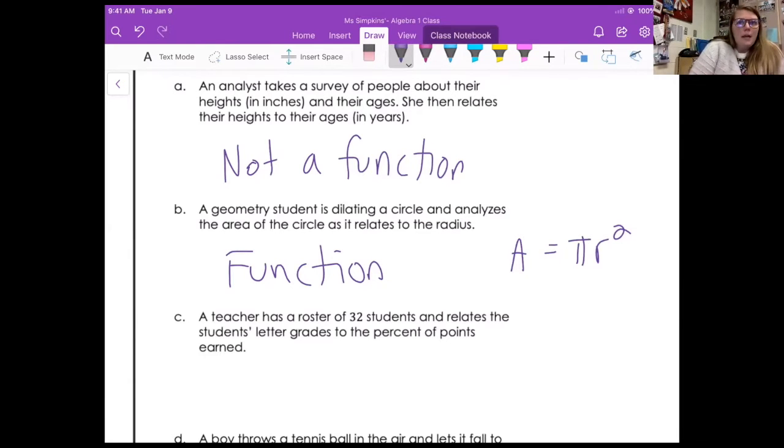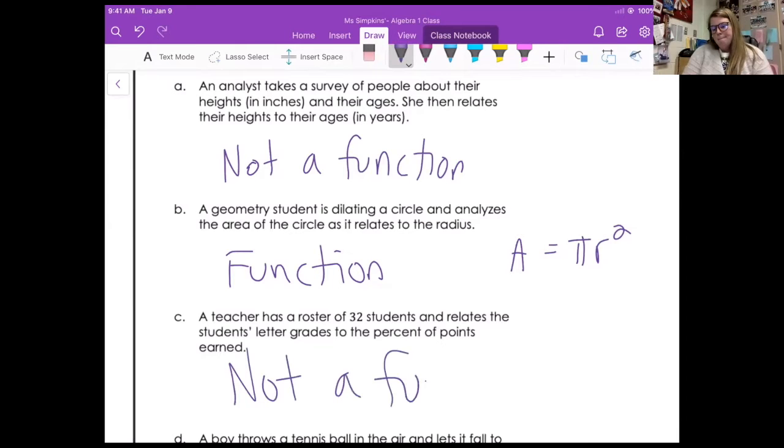So just because you have an A does not mean you know exactly what your percentage is, correct? Okay, but what if I told you you have an 87? That means you have a B no matter what, right? An 87 is going to relate to a B no matter what. But we're talking about if I give you a letter, does that mean you know what percent that's referring to? Not necessarily. So that would not be a function, because it's not giving me just one specific answer.